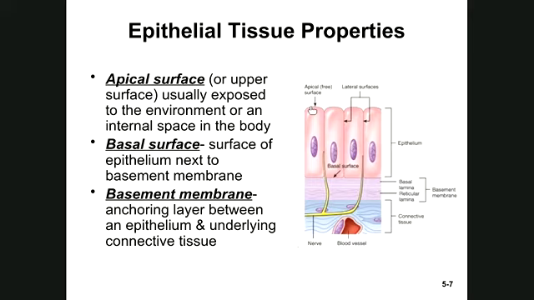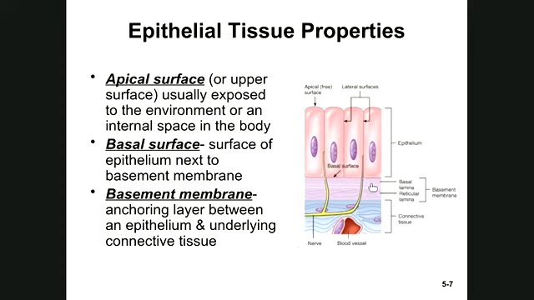The first surface, which is the free or upper surface, usually exposed to the environment or to the internal space of our body, is called the apical surface or free surface. On the opposite side, you have the other surface, which we call the basal surface, and all the basal surfaces are located on the basal lamina or basement membrane.